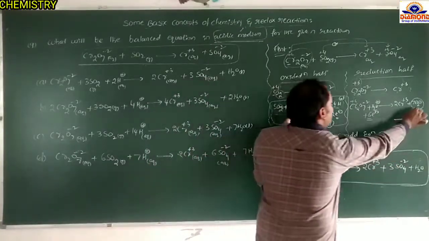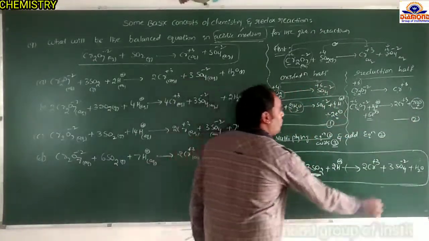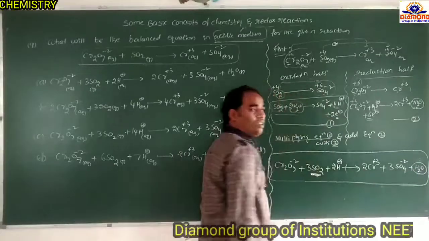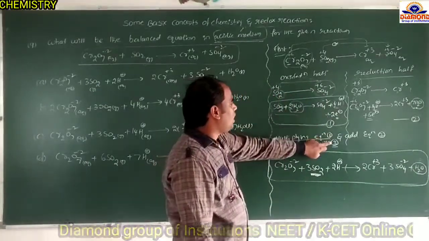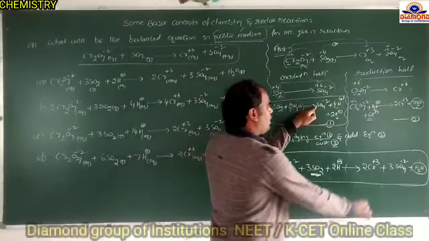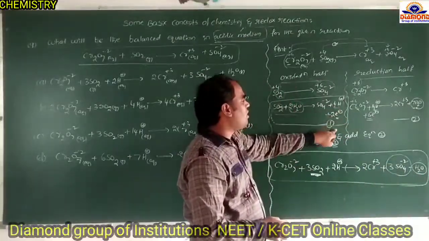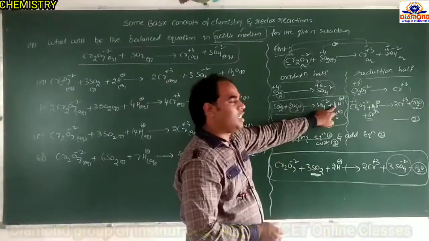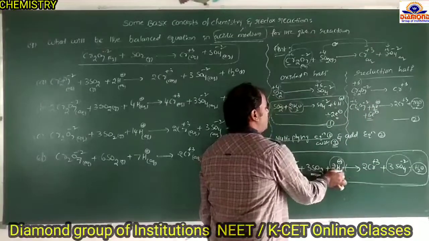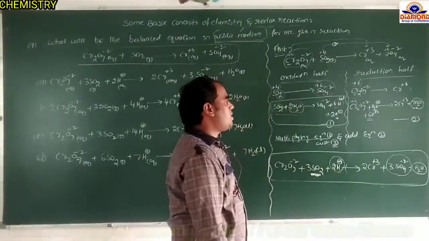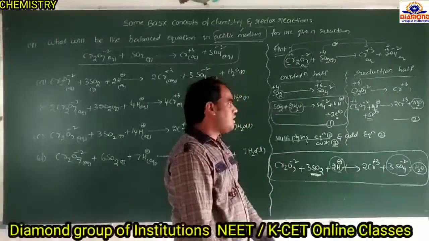But that side has 7H2O, so 6H2O leaves a difference of 1. So, therefore 1H2O. Next, 3 into SO4 minus 2, which is 3SO4 minus 2. Next, here 4H plus multiplied by 3, therefore 3 into 4 is 12H plus. But there 14H plus, so the difference is 2. Therefore 2H plus. So 3 into 2 is 6 electrons, and the 6 electrons on each side cancel.